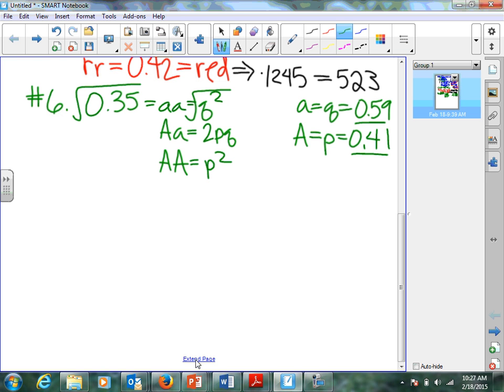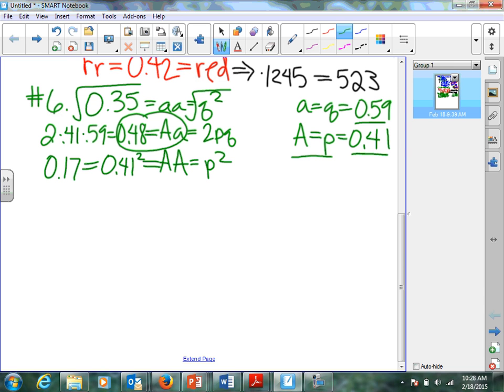So if I know 0.41 and 0.59, I can say 2 times 0.41 times 0.59 equals, and I should get, I think, 0.48 for my heterozygotes. And then if I know that big AA is p squared, then I can just say, all right, 0.41 squared equals, and I have roughly 0.17. And so that's problem number 6.